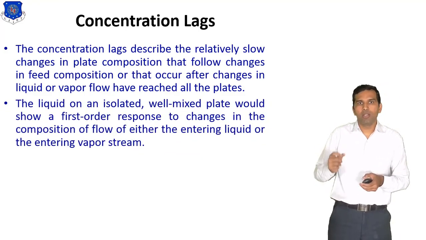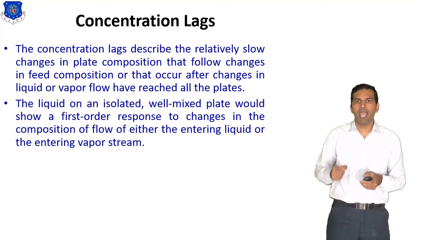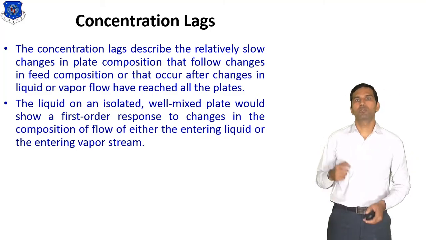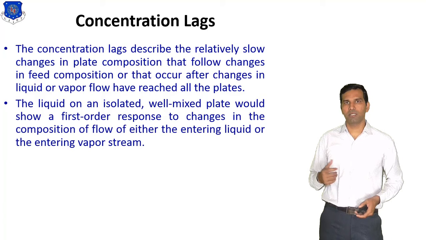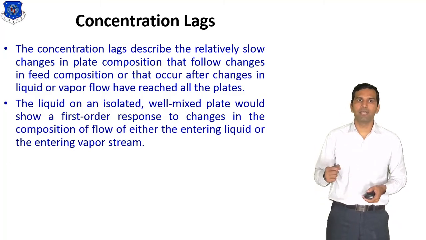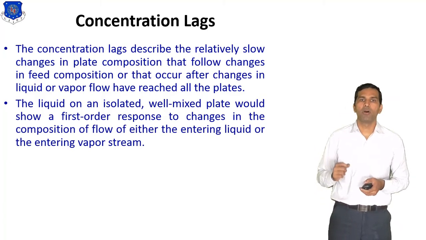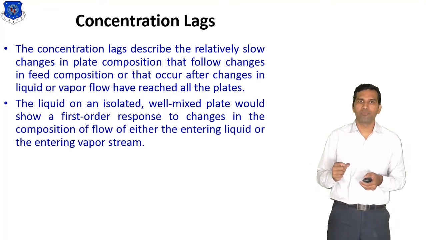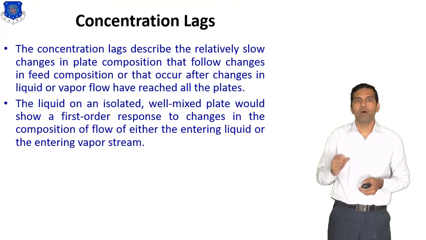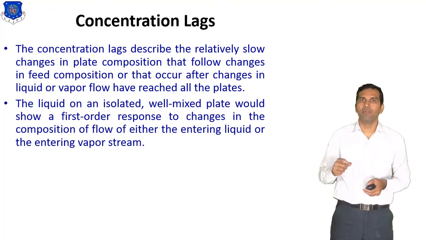The liquid on an isolated, well-mixed plate would show a first order response to a change in the composition of the flow of either the entering liquid or the entering vapor stream.